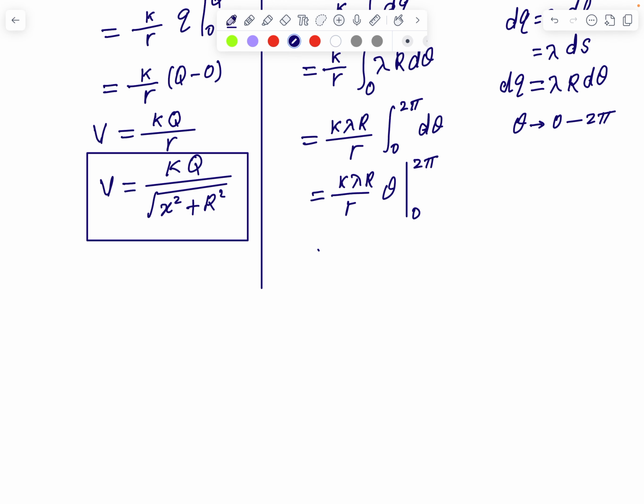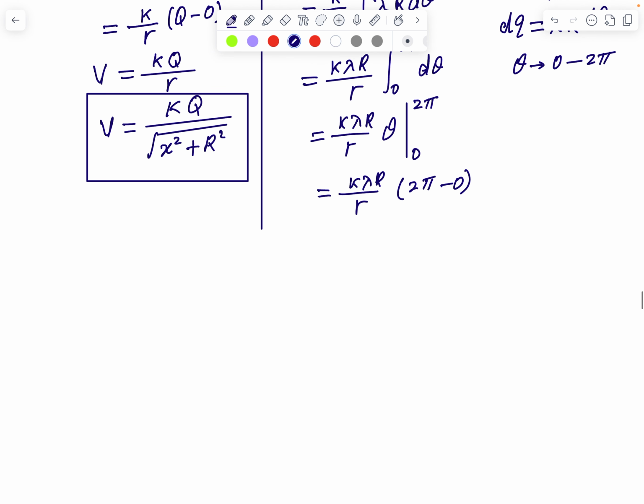In this case, we're going to get k lambda R divided by small r, times 2 pi minus 0, which is going to be 2 pi.